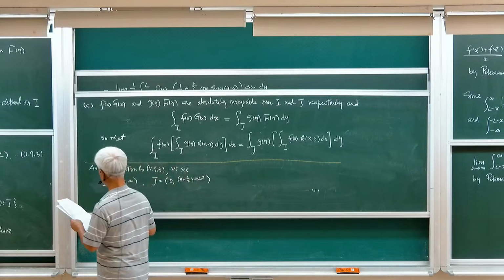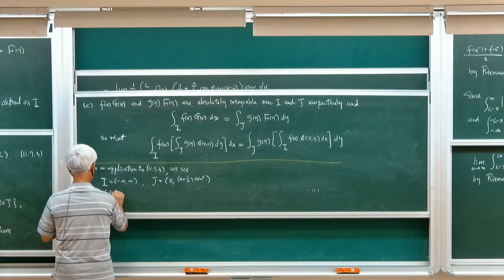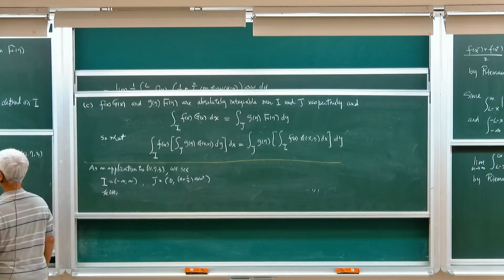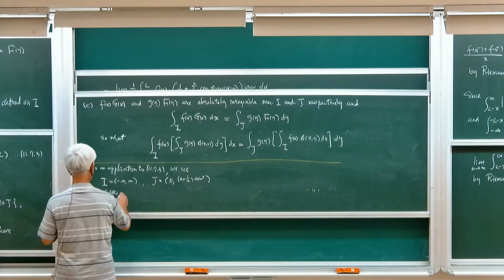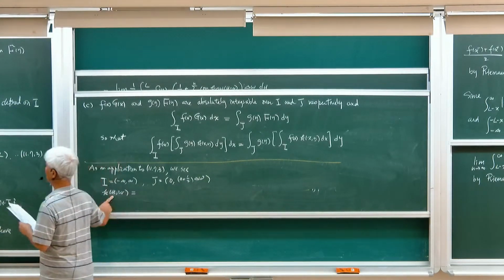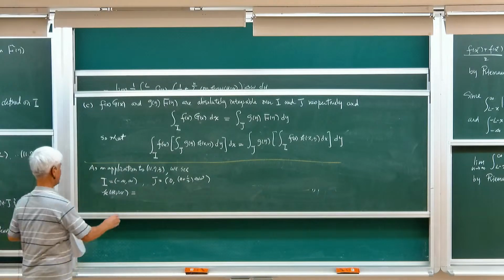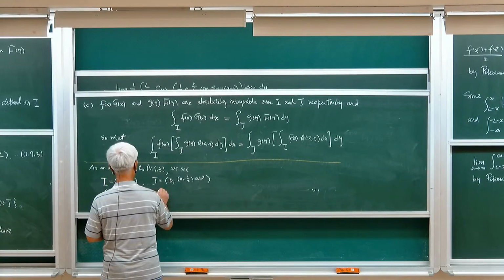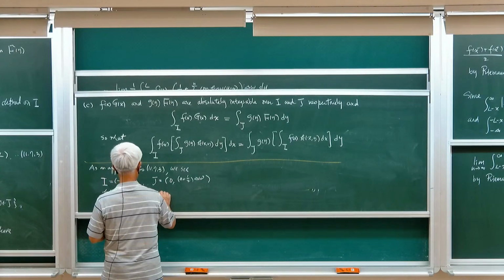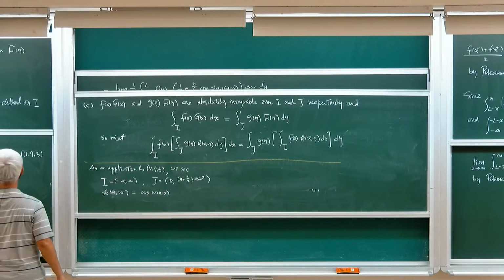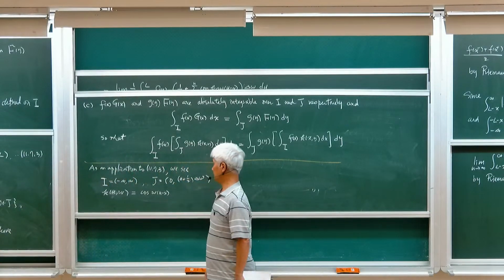And the kernel, with variables u and omega, is the cosine function of omega times u minus x. So this is our kernel here.